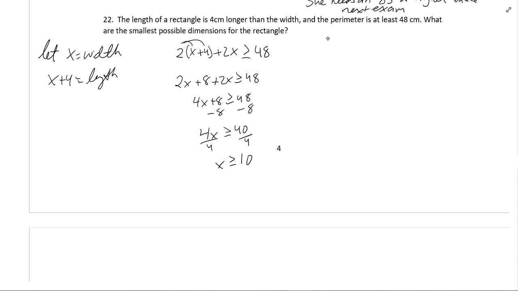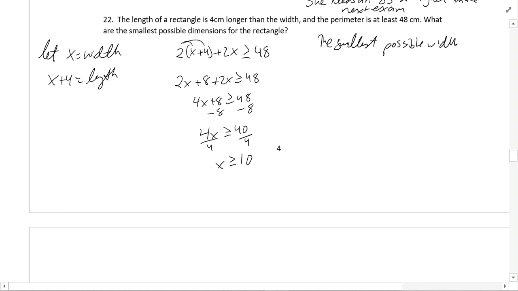So it means the smallest possible width is 10 centimeters. All right, and then if you were to plug 10 in here for the length, 10 plus 4 would give you 14.